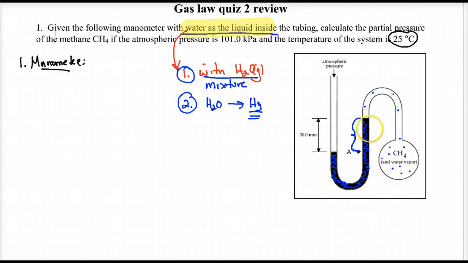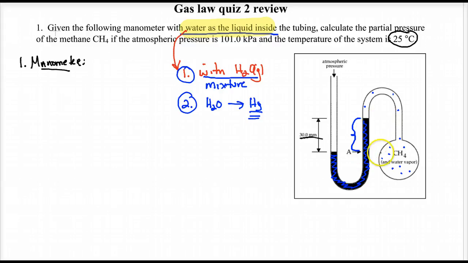So looking at the manometer, I see that the gas is lower by 30 millimeters of water. We have the atmospheric pressure pushing back on the gas here, and it's supporting a column of water plus the pressure. So in any case, the gas in here is lower by these 30 millimeters.